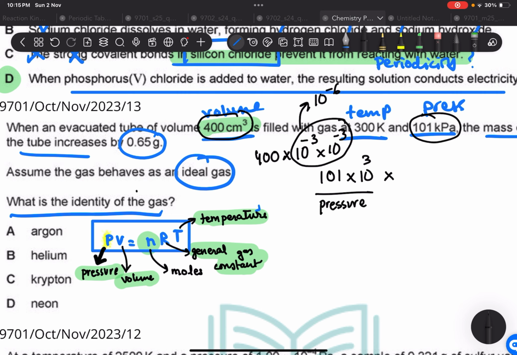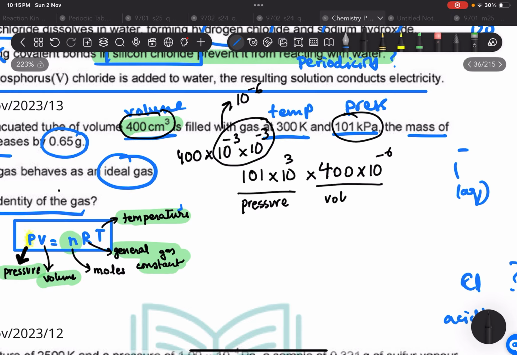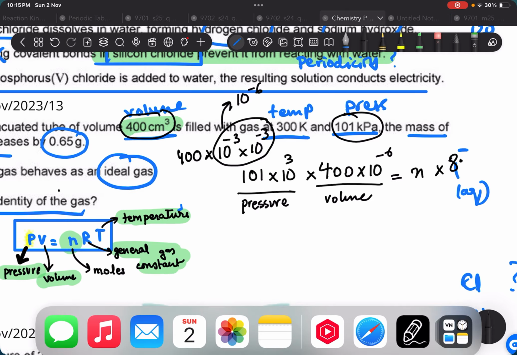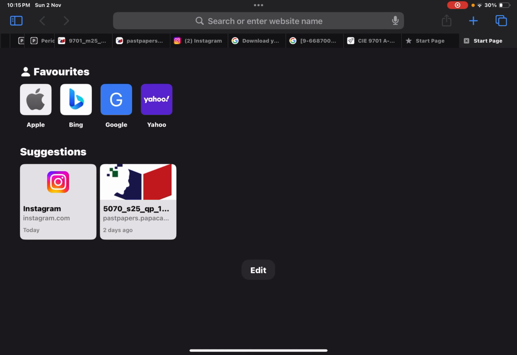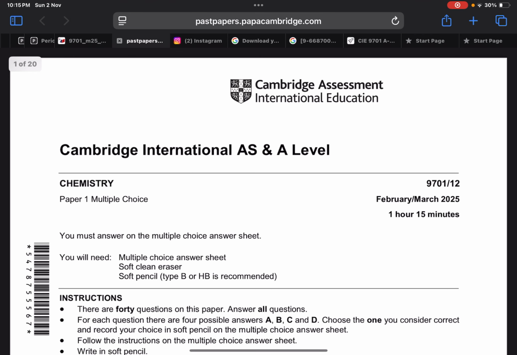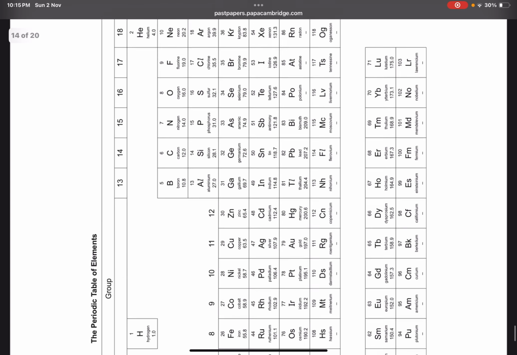My volume in meter cube is going to be 400 into 10 raised to power negative 6. Pressure and volume are done, equals n, which I don't have, R is the general gas constant, that is 8 point something, and the value is given on your exam paper. You go to an A-level chemistry paper, and I don't think it's given for P1.